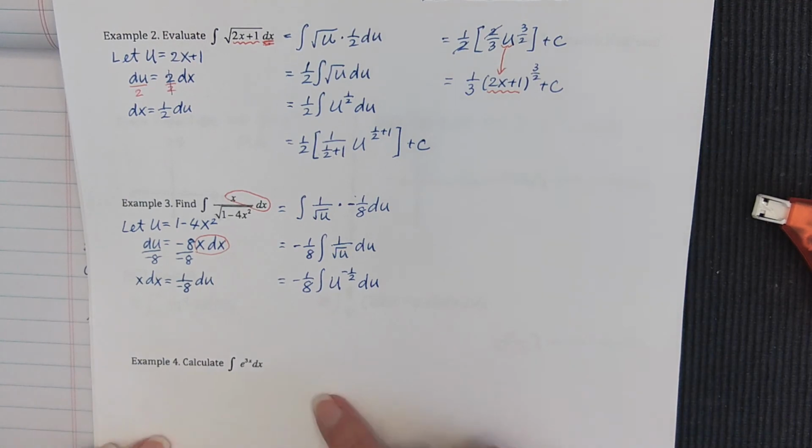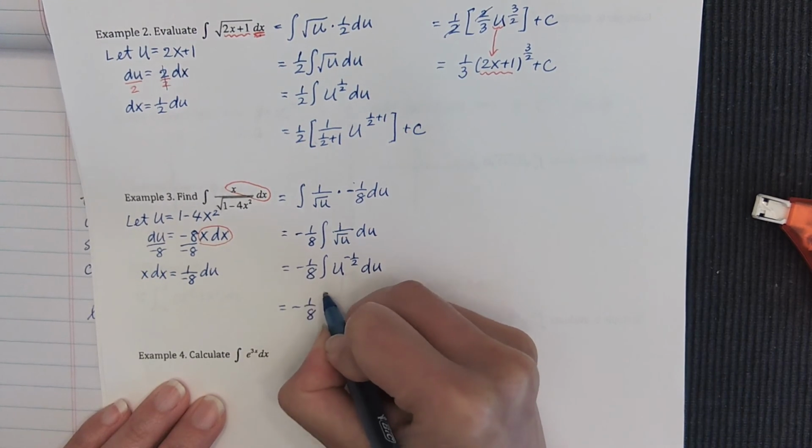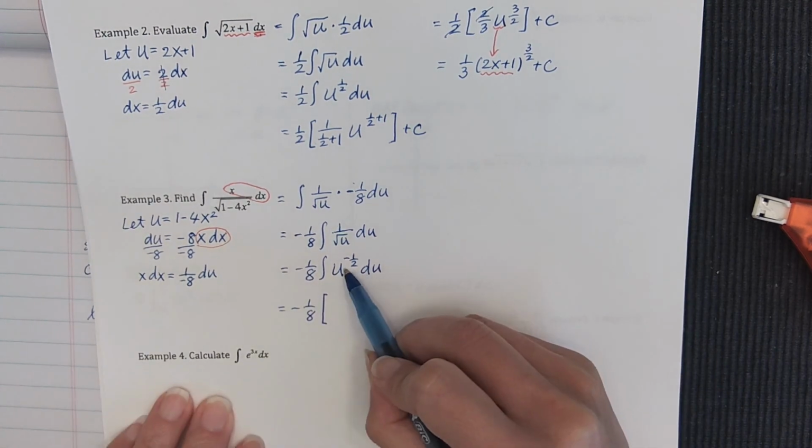Alright, so far how are you doing? Negative 1 over 8. What's the negative 1 over 2 plus 1?